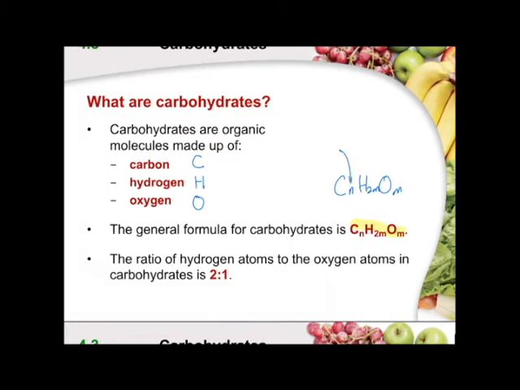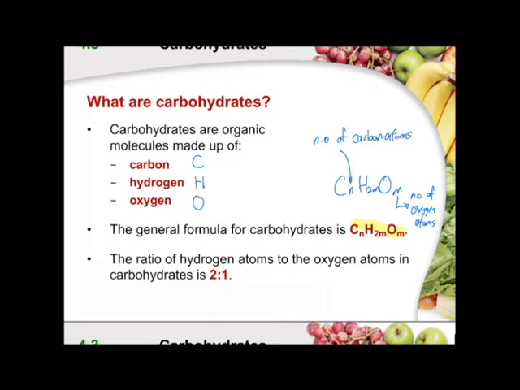Only carbohydrate follows a fixed formula, which is CnH2mOm. Now, what is this? n represents the number of carbon atoms. Atoms are not molecules. m here represents the number of oxygen atoms.